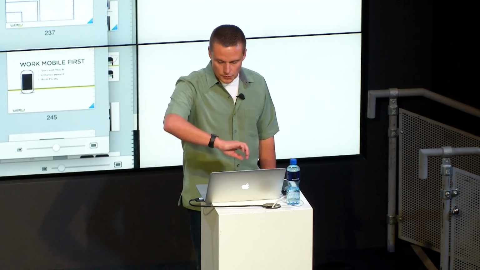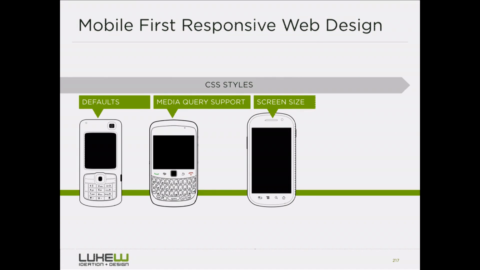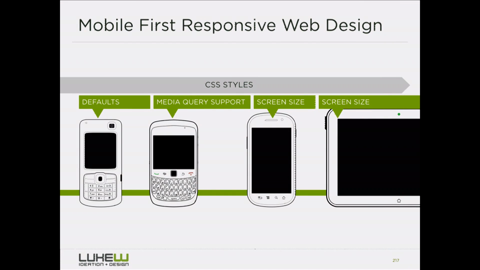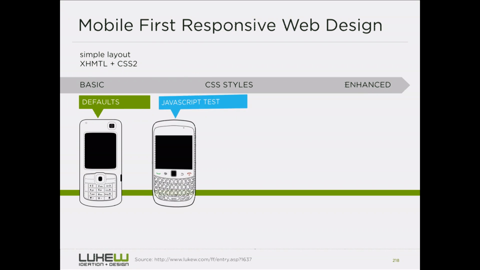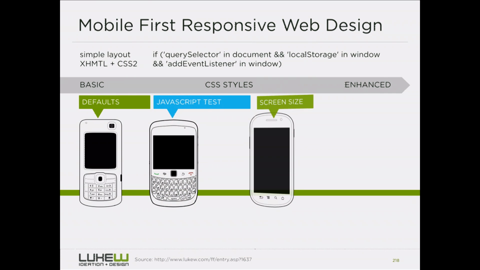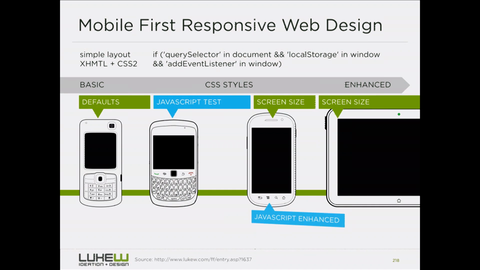They start out with these basic defaults, and then they sort of look to see what's supported, and then they start to make enhancements based on the capabilities of their device. So these folks get really basic stuff, these folks get enhanced stuff, and it just sort of scales upward as you go. Does that make sense? Definitely.